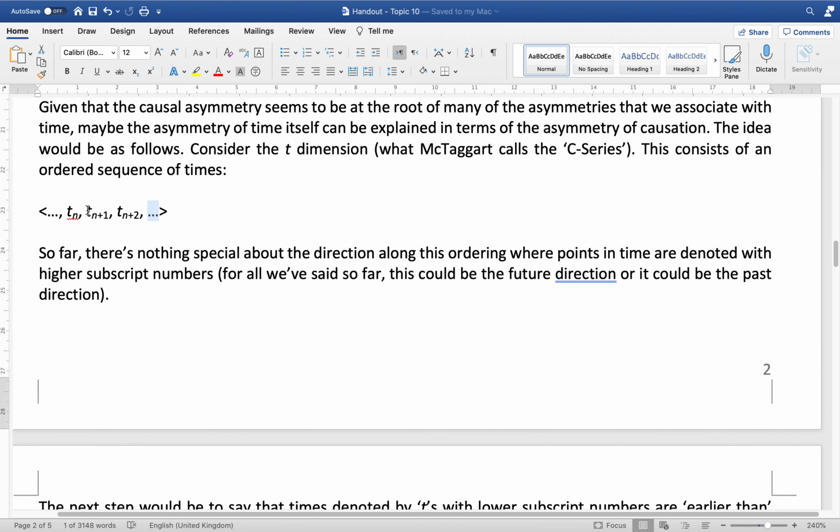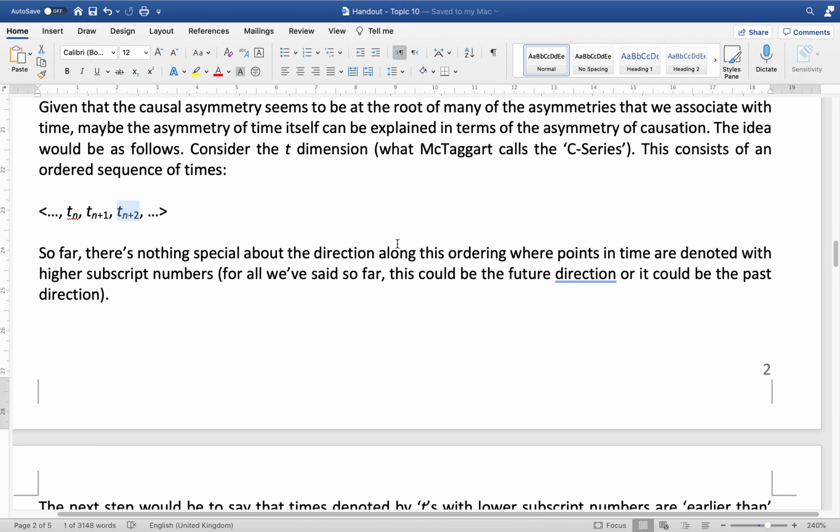Then we want to know basically, is it the t's with lower subscripts, so maybe the t's towards the left-hand end of the ordering as it's written on the paper, or is it the t's with the higher subscripts, those towards the right-hand end as it's written on the paper? Which of these are the earlier times, and which are the later times?